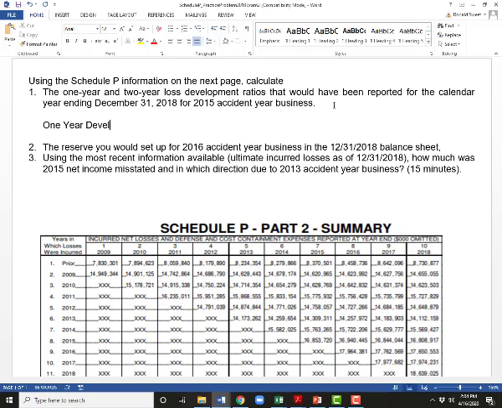So the 1 year development is going to equal 16,808,917 minus, I'm trying to do this without my reading glasses on, so I'm having trouble just seeing, 16,844,044.